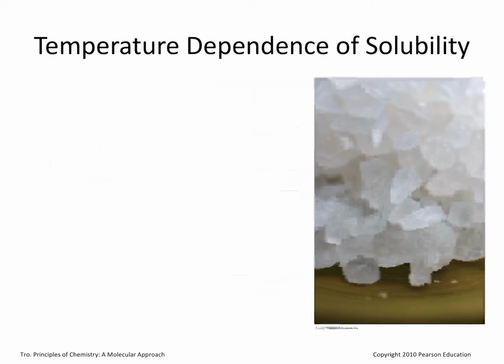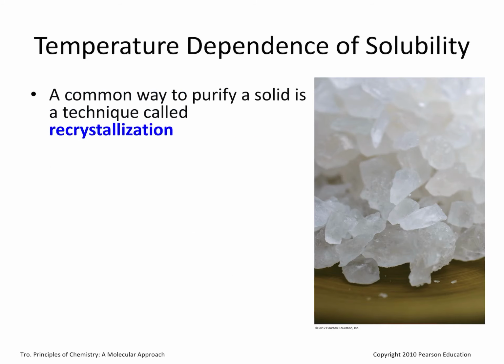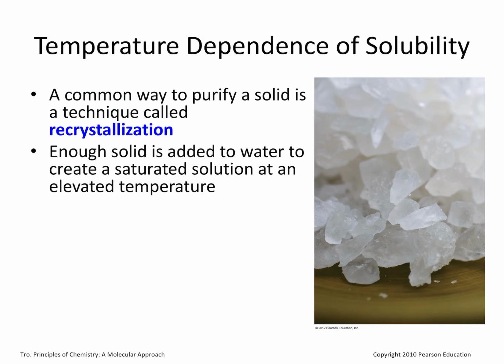Then as the solution cools, it becomes supersaturated because you have a lot more than you were allowed to at equilibrium, and the only reason you were allowed to add so much was because you added heat. So when you cool it down, it becomes supersaturated and the excess solid precipitates out of the solution. The crystalline structure tends to reject impurities, resulting in a pure solid.